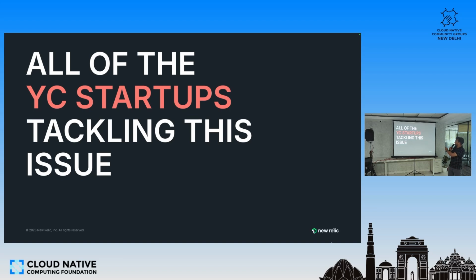So all of the YC startups, I think this is a plug. A lot of Y Combinator startups are working on applications today, which is appealing to a lot of venture capitalists to get the funding. So even if there is no AI, everyone wants to build some form of AI application. How many of you have heard of a lot of AI startups starting and then silently vanishing?